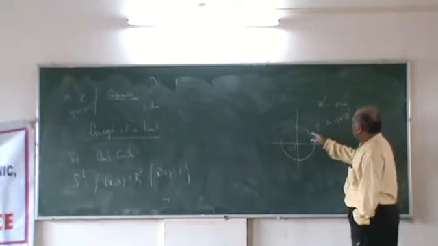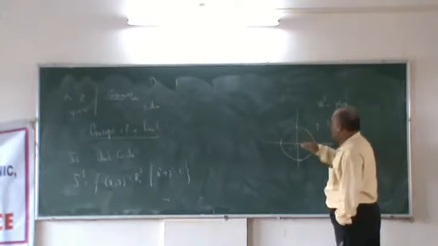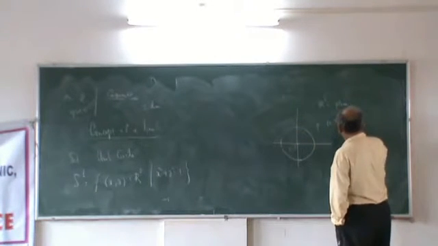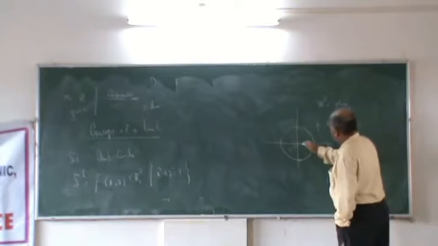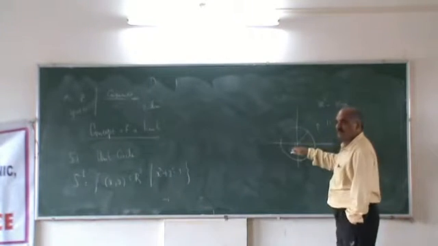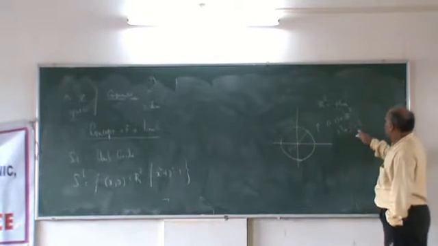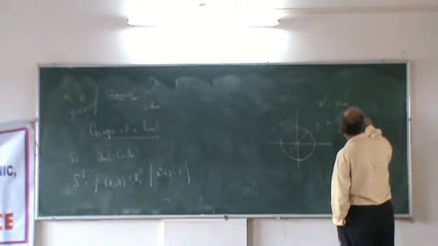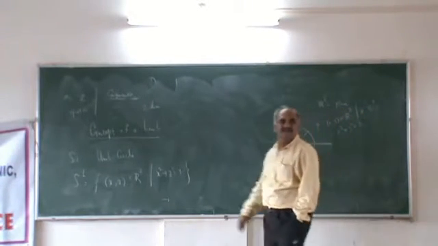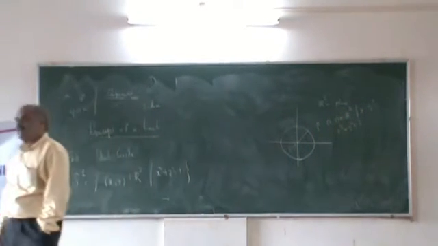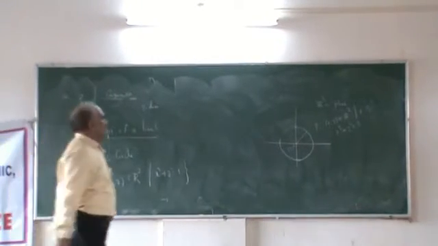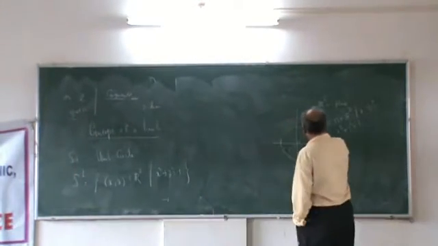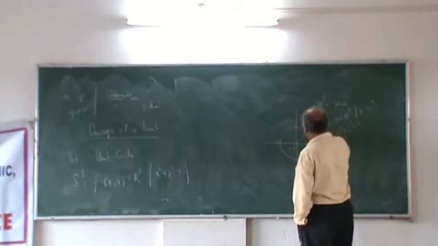And since P is on the circumference of the circle, it satisfies this condition because its distance from the fixed point origin to P is 1, and therefore this point of R2 belongs to S1. Alright? What about if I stretch this to Q?